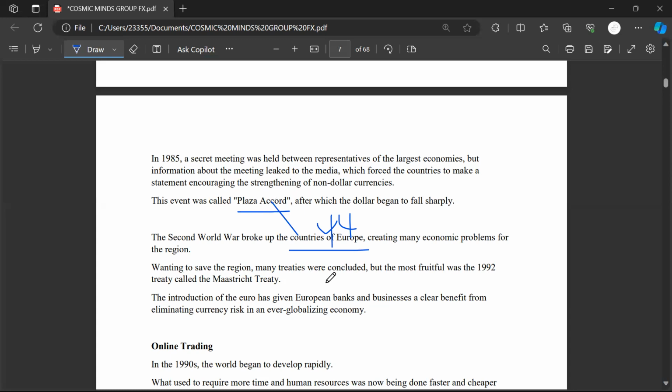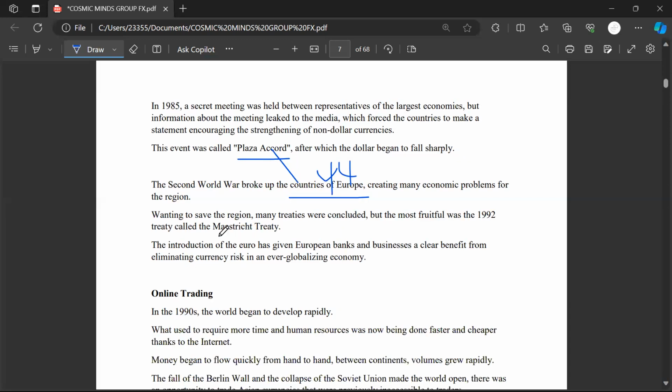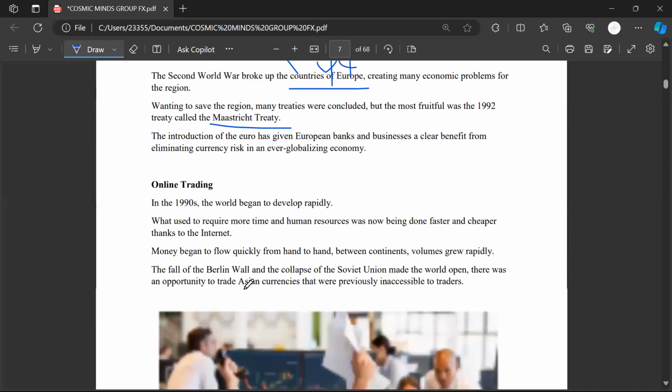The Maastricht Treaty, right? Good. That was successful. Now, the introduction of the euro has given European banks and businesses a clear benefit from eliminating currency risk in an ever globalizing economy, right? So I think that is it.